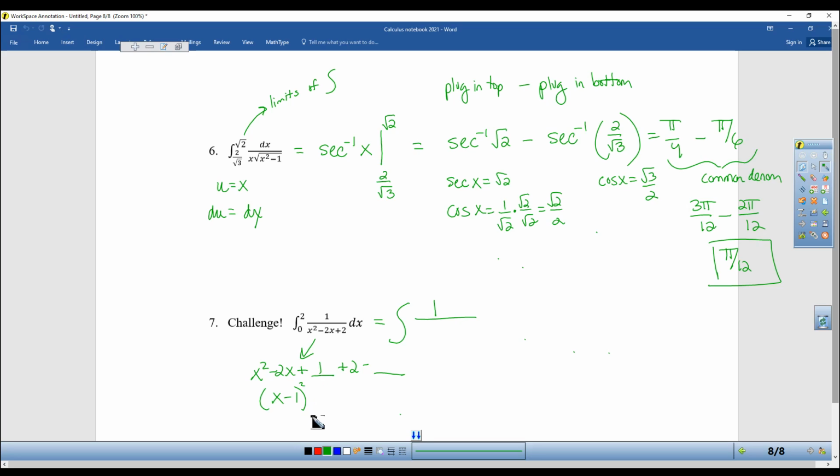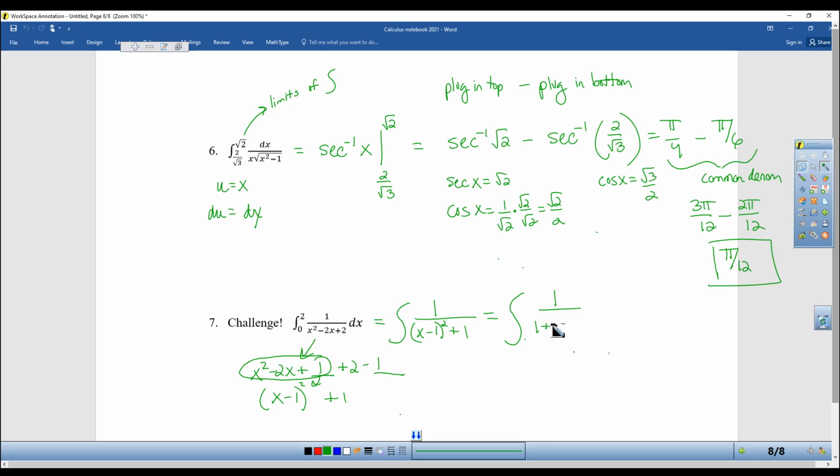Negative 1 squared is 1. But you can't just add a 1 to your expression, so I'm also going to subtract a 1. This expression, x squared minus 2x plus 1 plus 2 minus 1, is equivalent to this one. I haven't changed it, but now this piece becomes that, and this piece becomes a 1. So I can rewrite this as x minus 1, the quantity squared, plus 1.